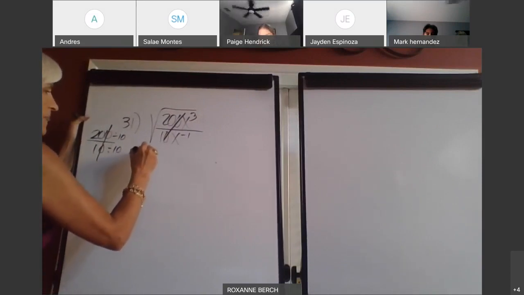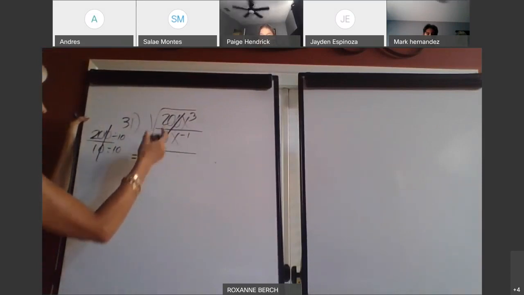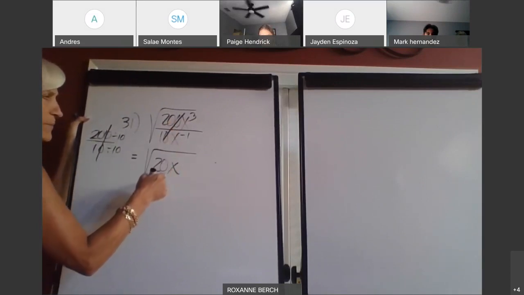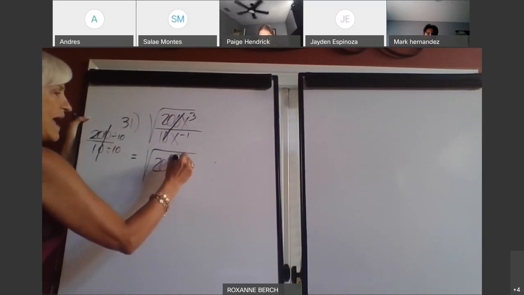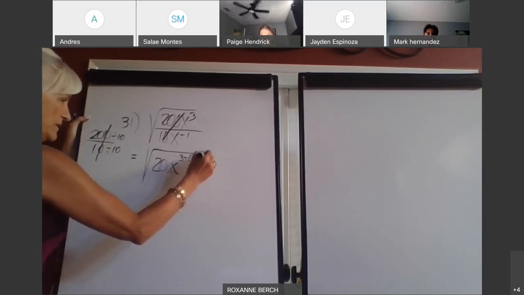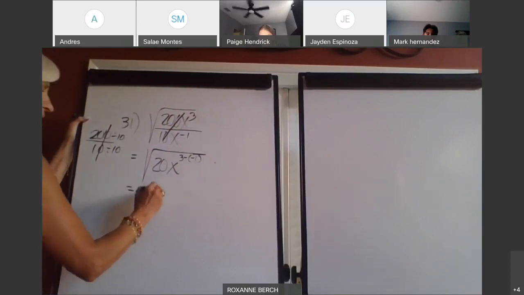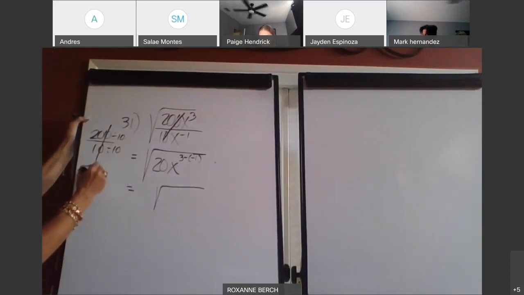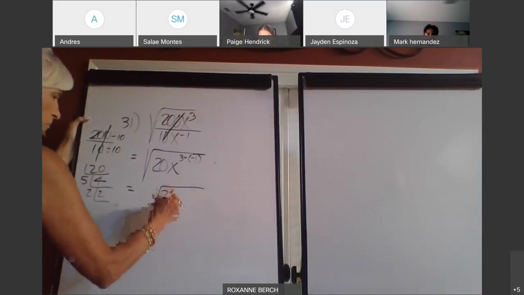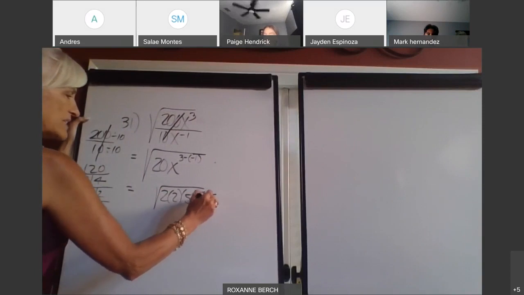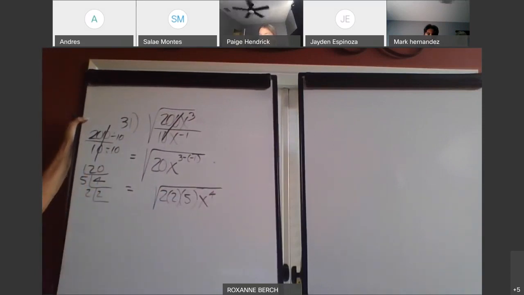So this would be the square root of 20, and the rule with division says you keep the base and subtract the exponents. Now I'm going to do a prime factorization on 20. I'm going to take out a 5 times 4 is 20, so 2 times 2 times 5 times x to the 4th.